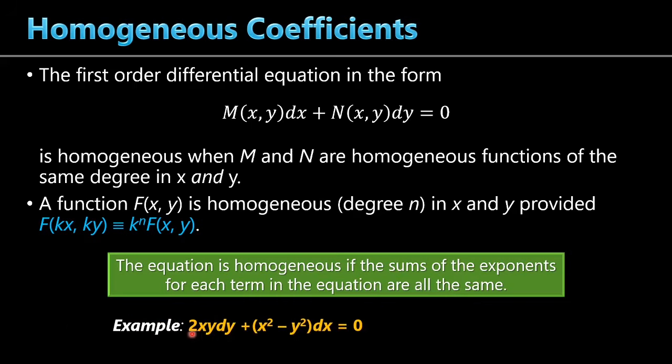Now, to illustrate this, let us have an example. We have the differential equation 2xy dy plus the quantity x squared minus y squared dx equals 0. Here, the coefficient of dy is 2xy. What is the sum of the exponents in this term? x has an exponent of 1, and y has an exponent of 1 also. So the sum of the exponents on the first term is 2.